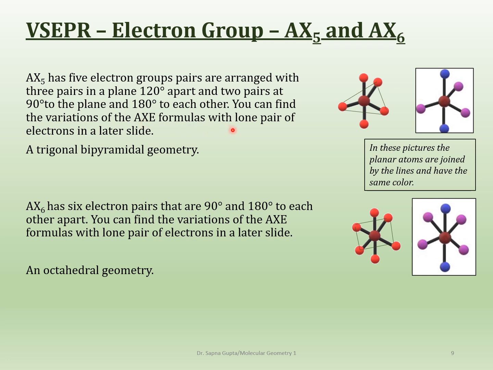And we've learned that if you have AX6, AX6 geometry means you have 6 electron pairs, and those 6 electron pairs now look like this. Again, the lines joining the 4 atoms are on the same plane. Here the same color means the same plane; the blue ones are in the same plane. Here you only have 2 bond angles.